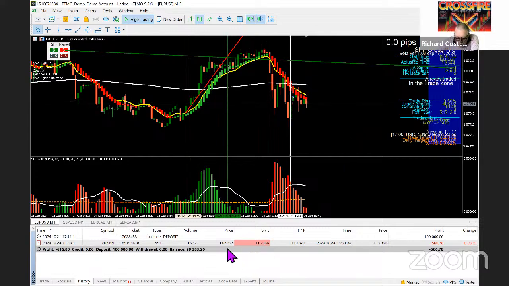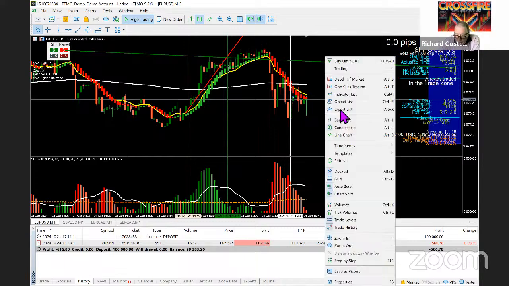I'm just going to look at my prices, because sometimes you can get a difference in price. So the price when I got in was 07932, and the price when I got out was 07966. So it went up by 3.4 pips, and then it took me out. So my stop loss on Euro USD is 3 pips.